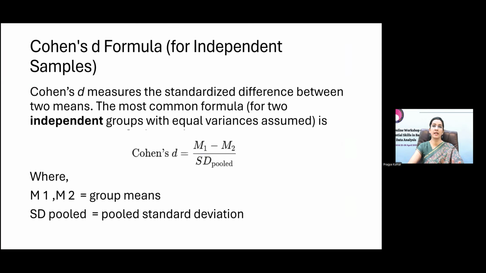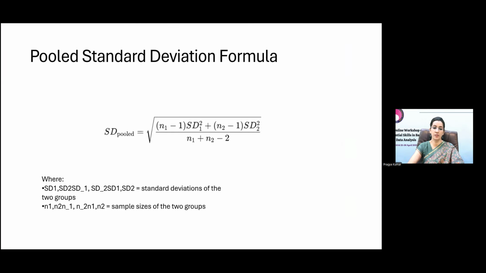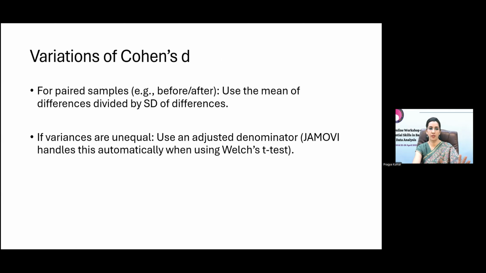This one. Here the standard deviation we take as a pooled standard deviation, and the pooled standard deviation formula is this one: n1 minus 1 times standard deviation square 1 plus n2 minus 1 times standard deviation square 2, divided by n1 plus n2 minus 2. Maybe people like Farzana who are more interested in doing, you can try that. I tried doing it and it was coming. So you can use that.